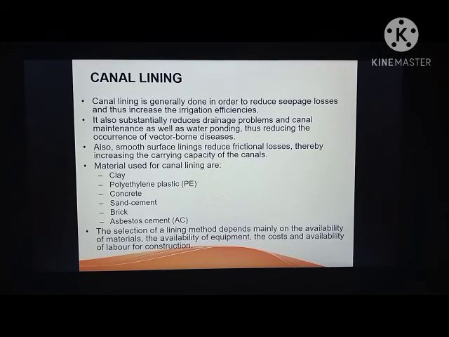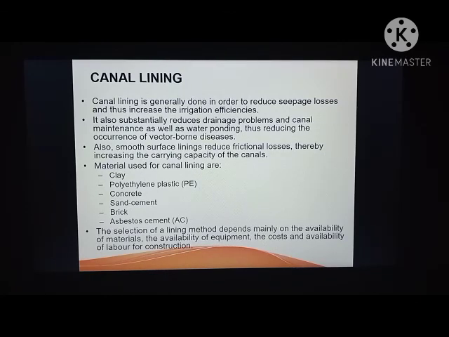In building a canal lining, we have used these different materials. We have the clay, polyethylene plastics, an example of this is the PVCs, concrete, sand cement, bricks, and asbestos cement.